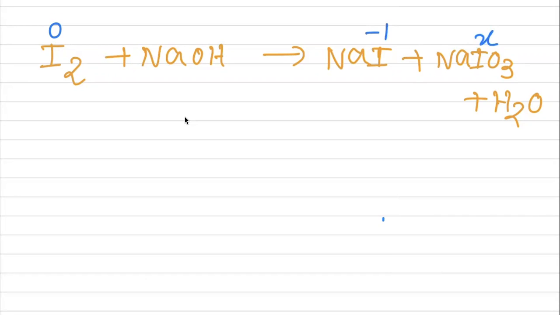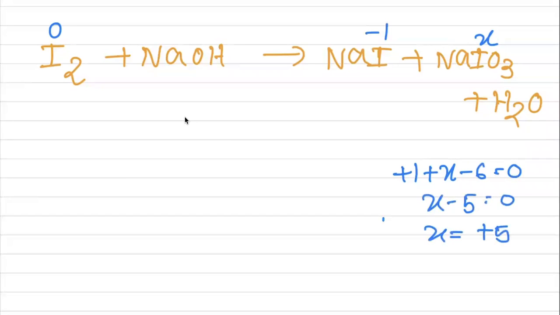It is X. Sodium is always +1, plus X, oxygen is always -2, here there are 3 oxygen, so -6 equals 0. So X minus 5 equals 0, that means X equals +5. So iodine is in the +5 oxidation state. Clear?